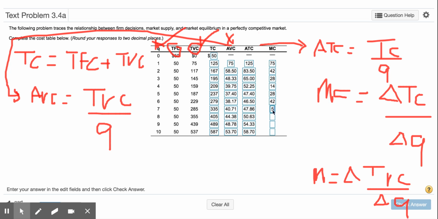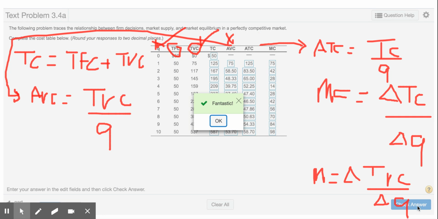Notice that marginal cost increases faster than the average and decreases faster. Then 84 and 98. All right, check your answer. There we have it.